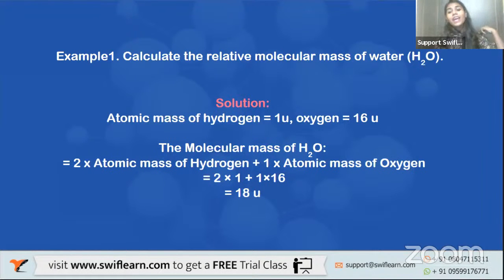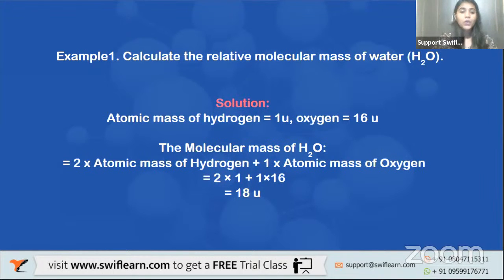Now take out oxygen. What is the mass of oxygen? One oxygen atom is 16u, right? So now we know the atomic masses of all the 3 atoms. Now let us just add all of them. That is 2 into 1, 1 for hydrogen, plus 1 into 16. So totally you get 18u.